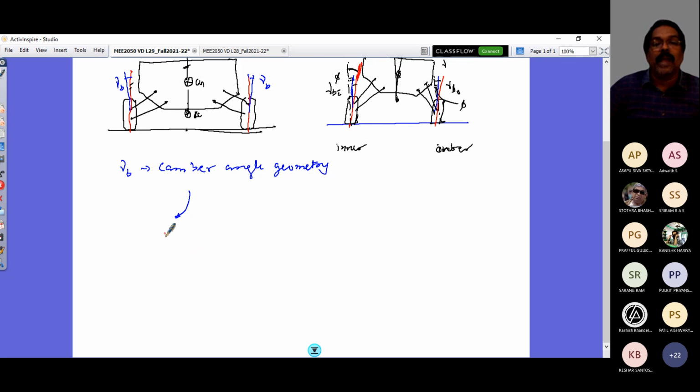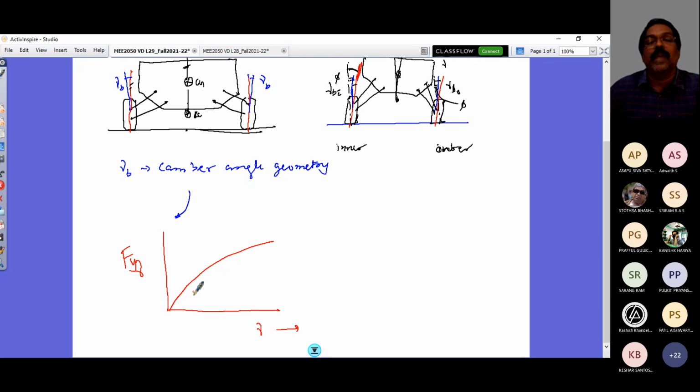So if you look at the variation of this camber angle, sorry, Fy, Fyf. So Fy due to camber as a function of camber angle, that variation would be something similar. In this way it would vary.